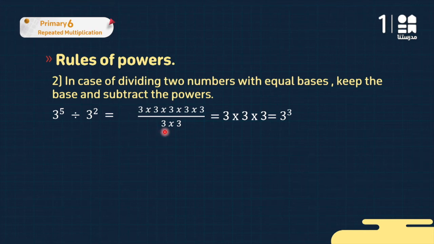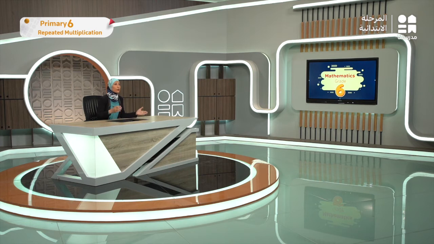Then we can cancel: one 3 simplifies with another 3, and another 3 simplifies with another 3. So how many 3s are left here? I have only three 3s. So 3 times 3 times 3 means 3 repeated 3 times. So I write 3 as a base with a power of 3.